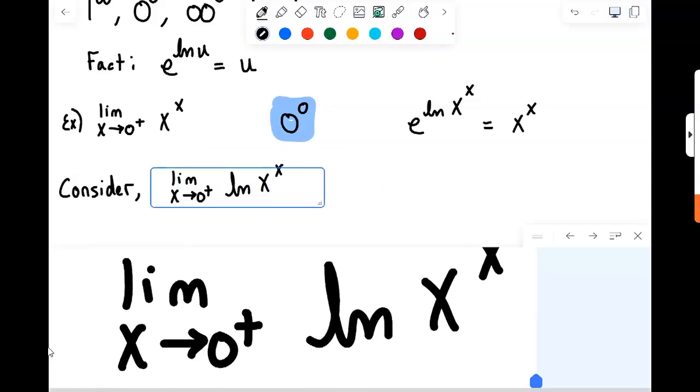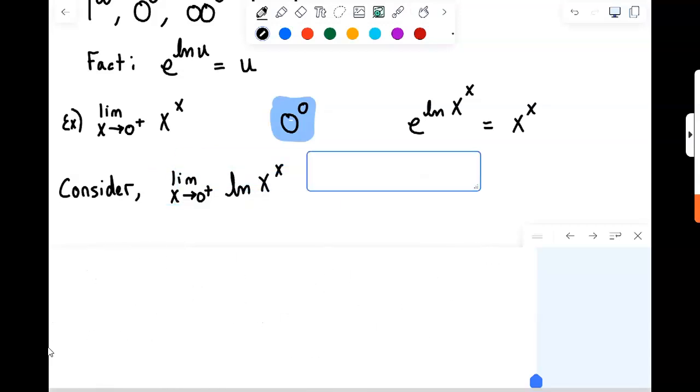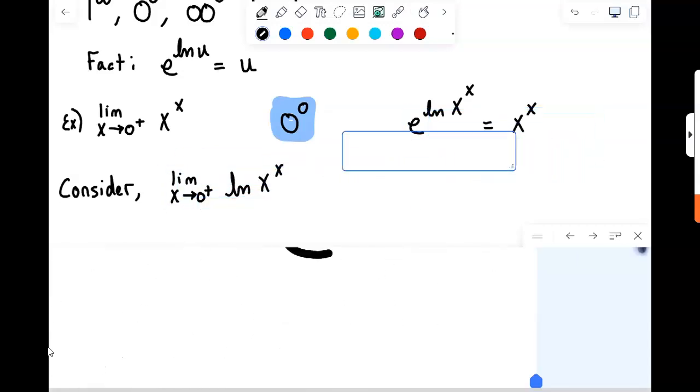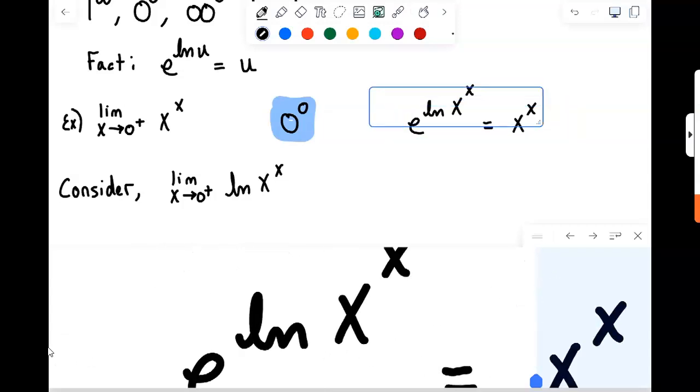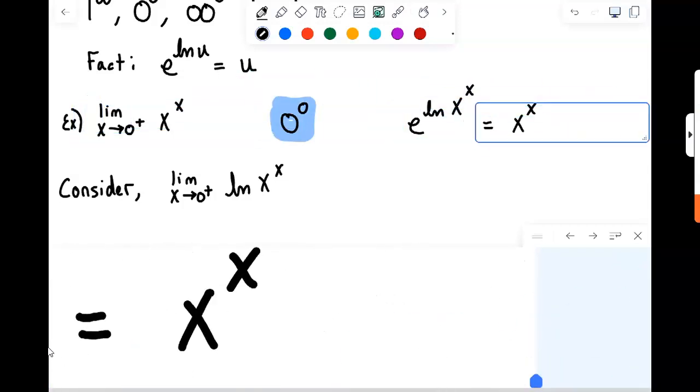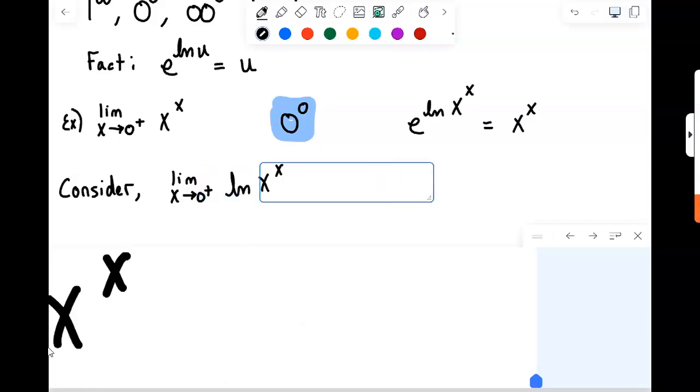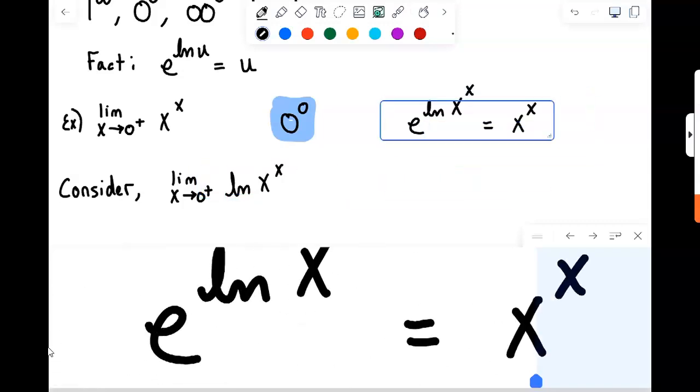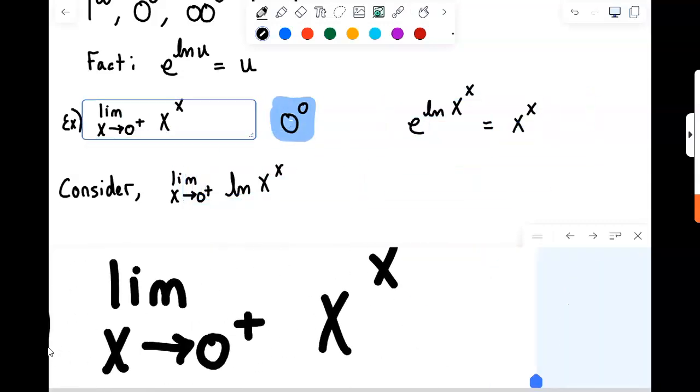We'll work this out, and once we have an answer, we go back and say our limit is equal to e to that, whatever that is. We just raise e to whatever this limit is to get the original limit.